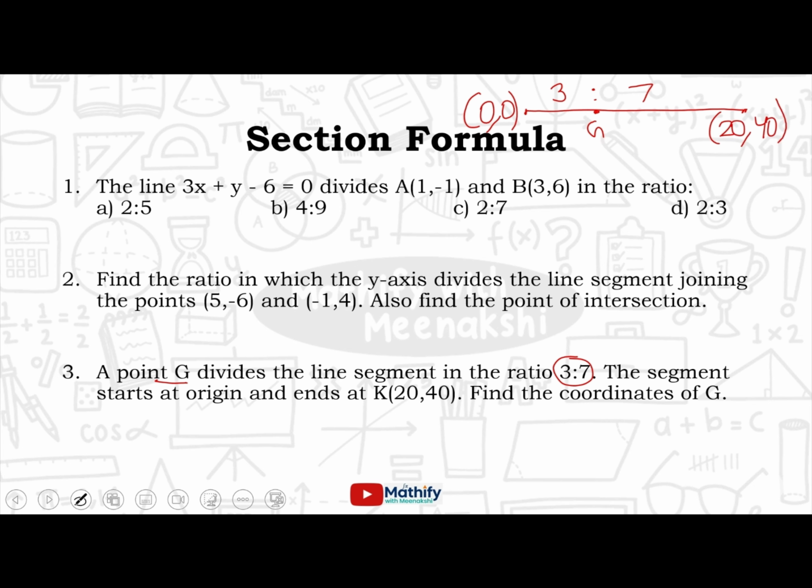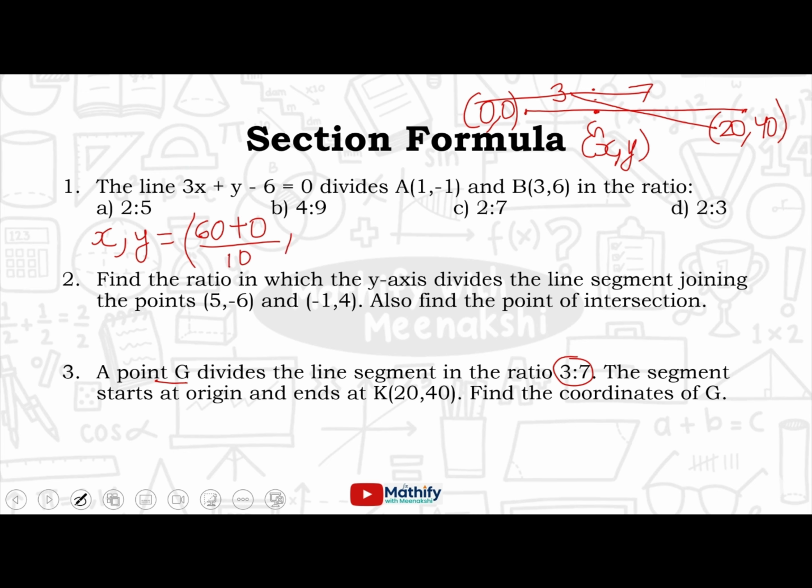So this time you will use which formula to find G? You will use m is to n. So let's write what is your x comma y now. Just do cross multiplication. 3 into 20, that is 60, plus 7 into 0, that is 0, divided by sum of ratio, that is 3 plus 7, you can write 10, comma.